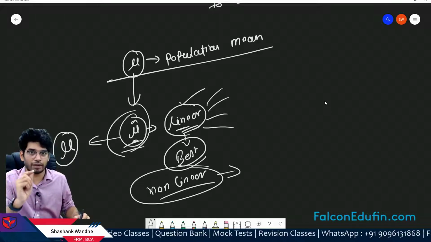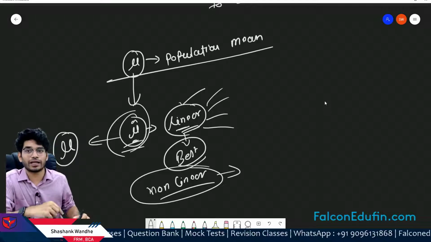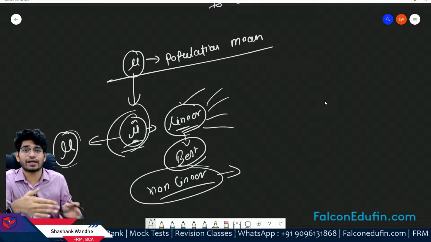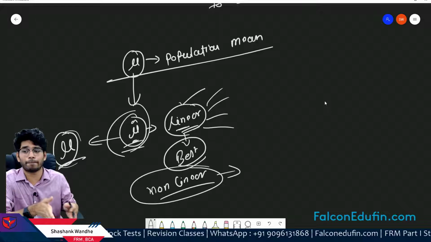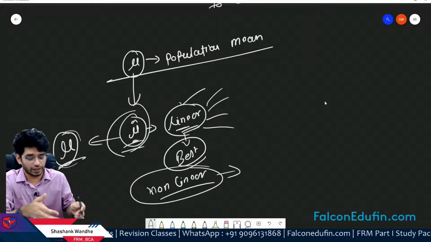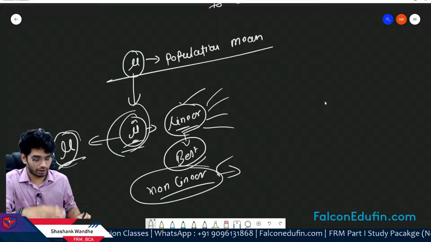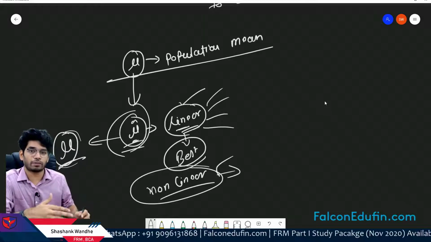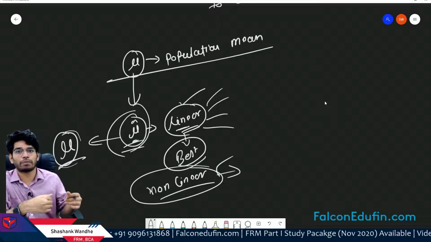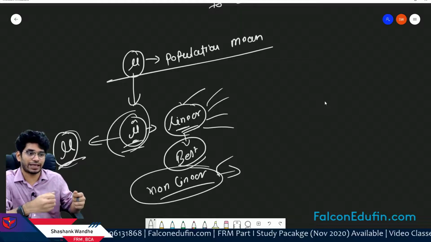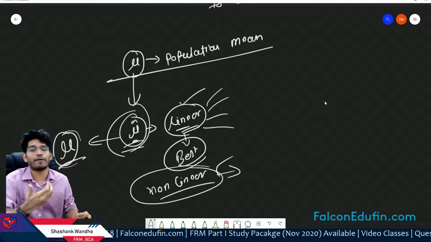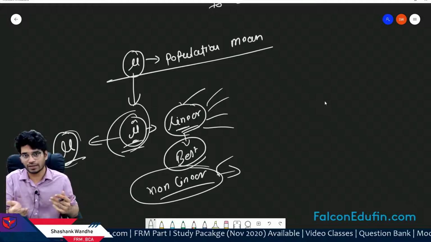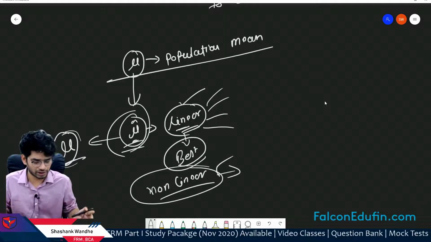But there are non-linear methodologies, and these are able to produce better results or better estimate your population mean compared to this linear best. Okay, but we don't prefer non-linear methods, or this is what GAP says. We generally don't prefer them because of the calculation complications, and then you have to look at the goal, like are you looking for accuracy or are you looking for speed. Based on this, the linear or non-linear method is decided generally.